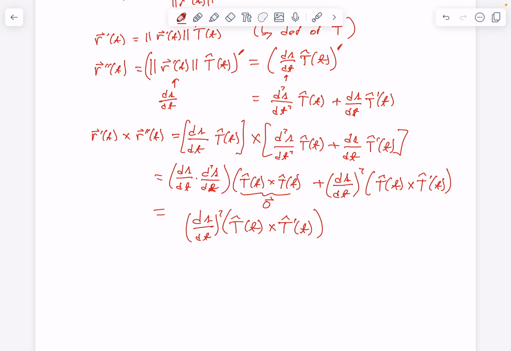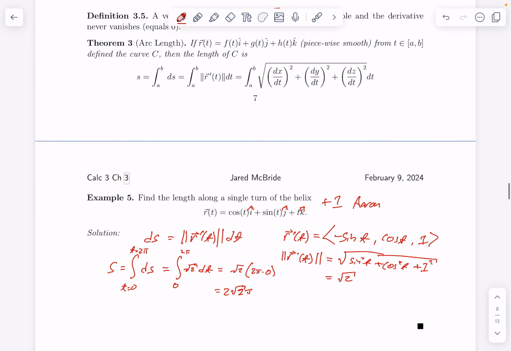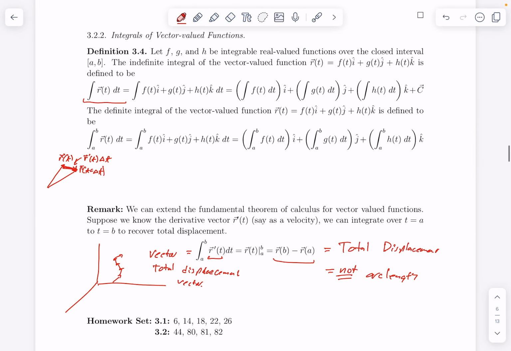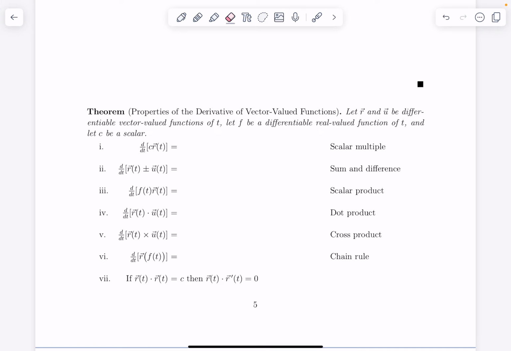So now remember that since t hat is a unit vector, the unit vector t hat is perpendicular to its derivative. We saw that earlier. Let me just show you. There it is, this bit right here.